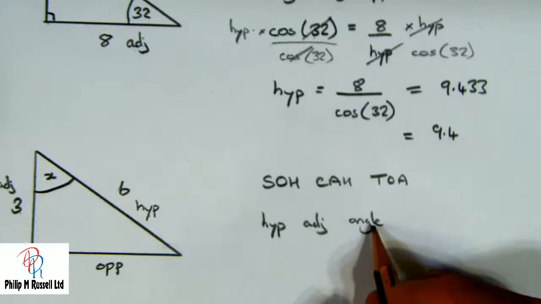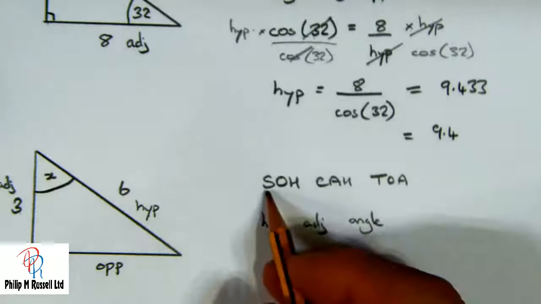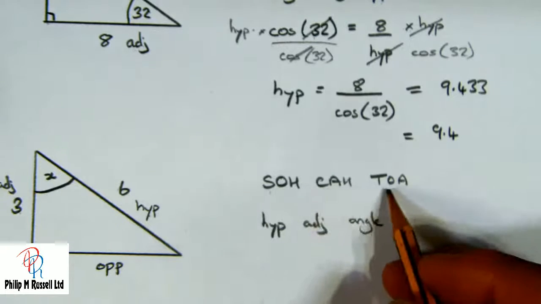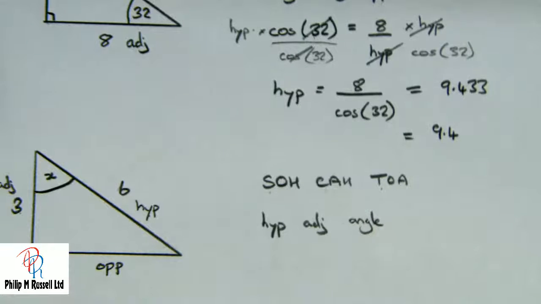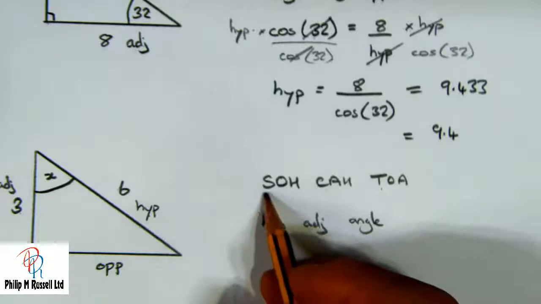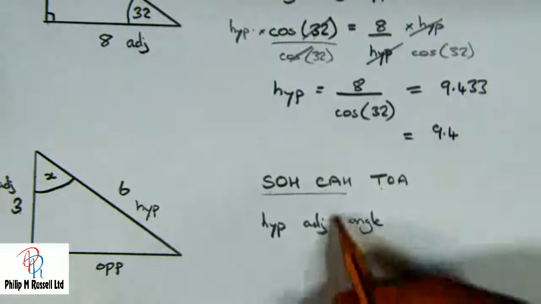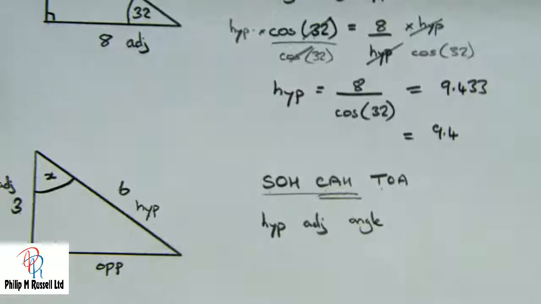I said that when we want to find the angle, we're going to use sine to the -1, cos to the -1, or tan to the -1. We've got the hypotenuse, so it's going to be one of those two. I've got the adjacent, so it's going to be cos.